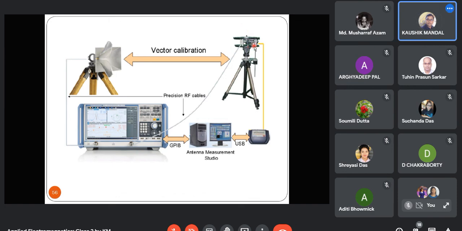That rotation of the antenna mount can be controlled completely by the software. This vector network analyzer is also acting as the source. So you are exciting your transmitting antenna by one port, and you are placing another antenna as a receiver at some distance. It will act as the receiver antenna, and the data will be collected on the vector network analyzer. All the data can be stored in this network analyzer itself, as well as in the corresponding CPU.